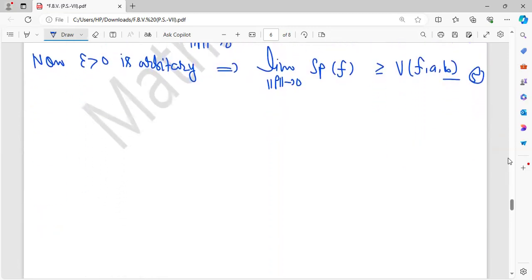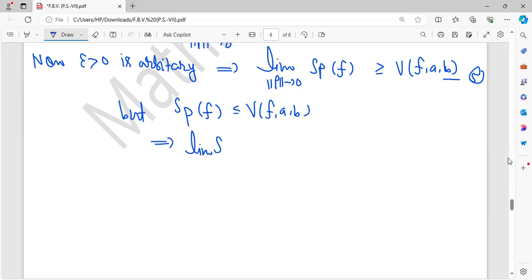But S(P,F) is always less than V(F,A,B). So this implies limit norm of P tending to 0, S(P,F) is less than V(F,A,B).